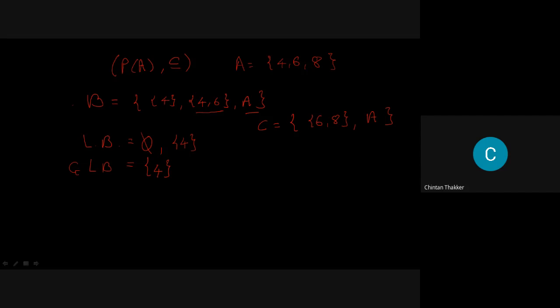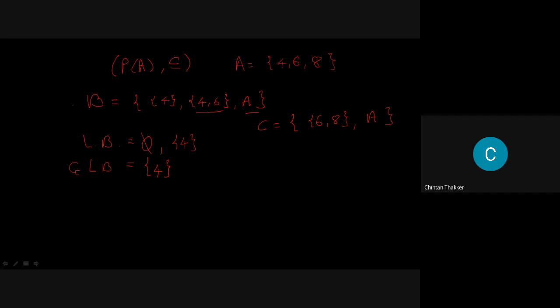So here phi is a subset of each set, so phi is a lower bound. Then singleton 6 is a subset of {6, 8} and A, so it is a lower bound. Similarly, singleton 8 is also a subset of {6, 8} and a subset of A, so singleton 8 is also a lower bound.